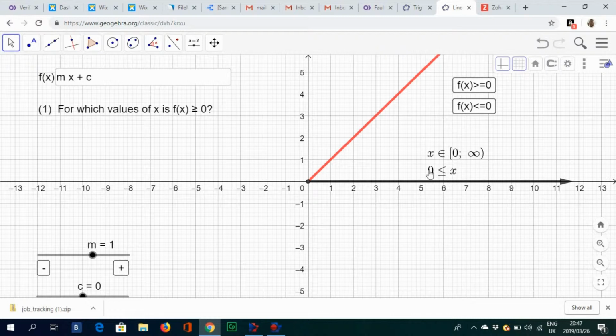I really prefer this set notation form because it makes my life easy. I don't have to remember the brackets. I just have to write x is greater or equal to 0. But if you are used to writing it in this form, then use what you prefer, and make sure that you write it correctly all the time.